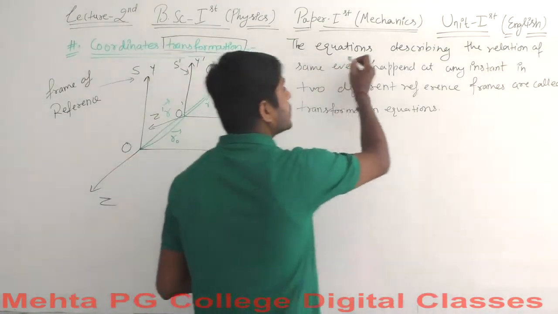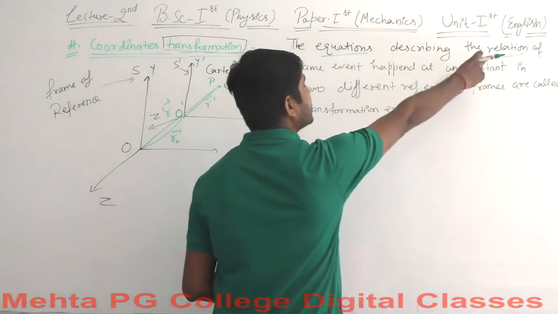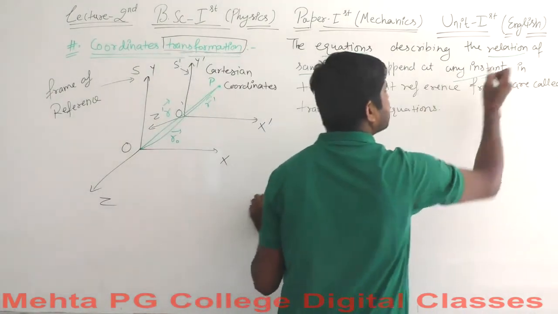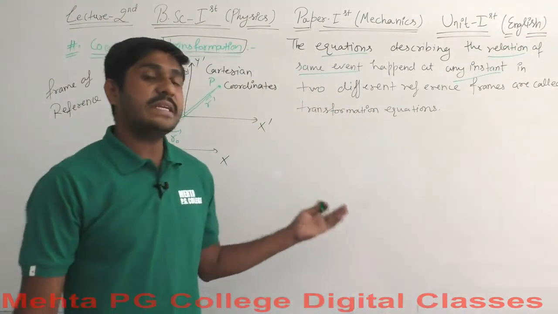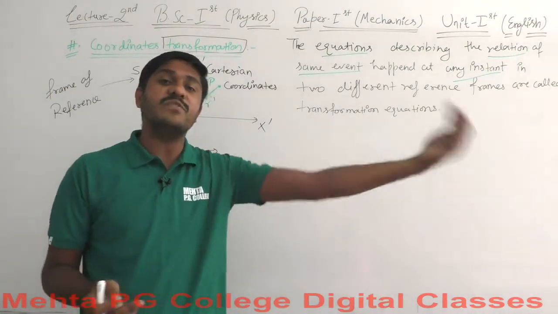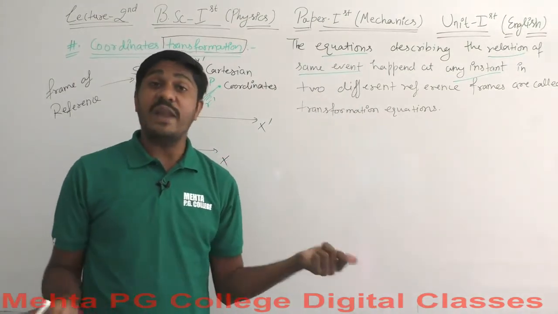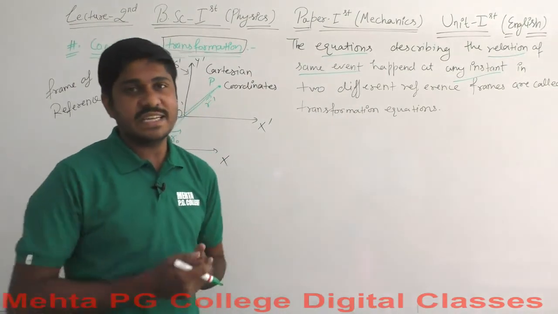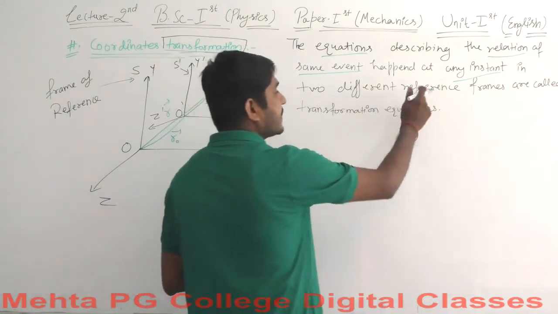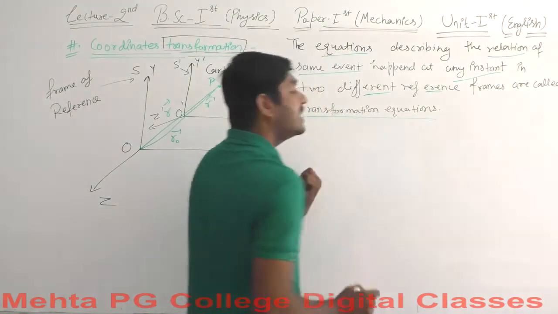Those equations which describe the relation of the same event happened at any instant, it means that event can happen at any instant of time, maybe right now or after some time, say a torch flash or any other example you can take yourself, for two different reference frames are called the transformation equations.